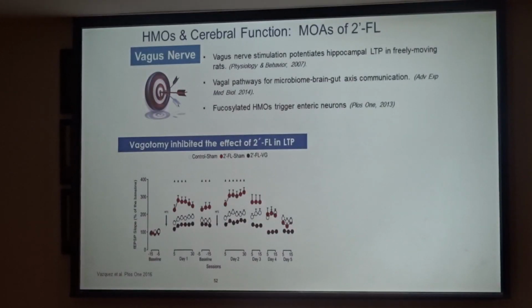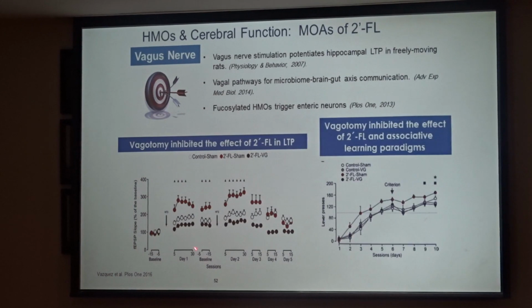What is interesting here also is that when they did vagotomy on these rats, they found that the benefit of 2-fucosyllactose stopped after vagotomy. Here we can see that in the rats with vagotomy, the excitatory postsynaptic potential is low.